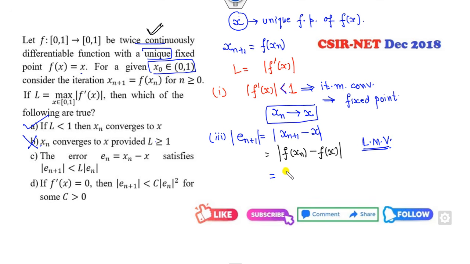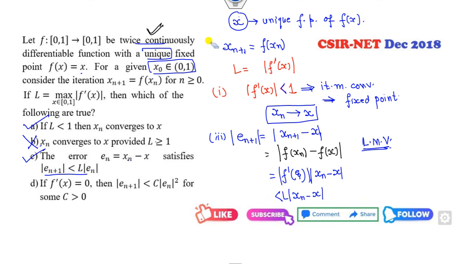So I can write this as f dash of some xi times xn minus x. Now what is f dash? It is less than 1, so it is less than L times xn minus x. Xn minus x is again the error en, so yes, this property is satisfied.